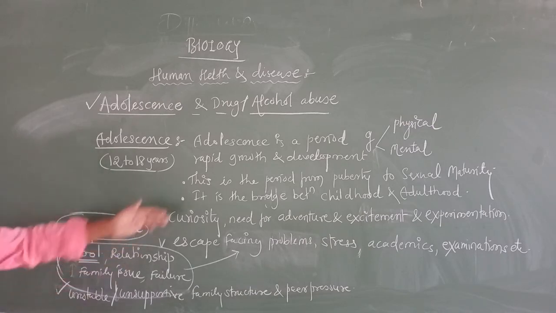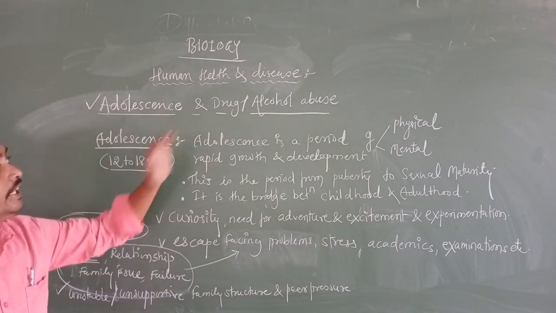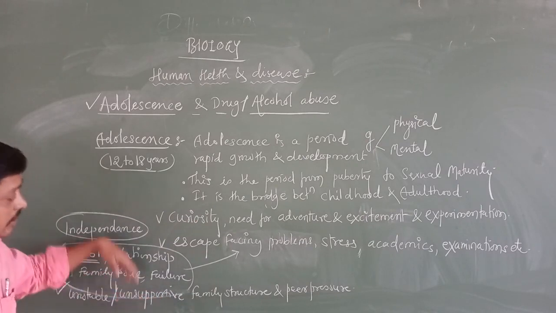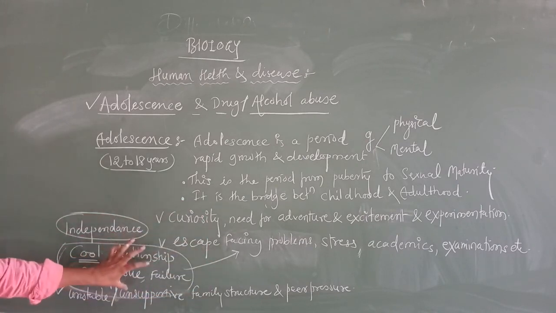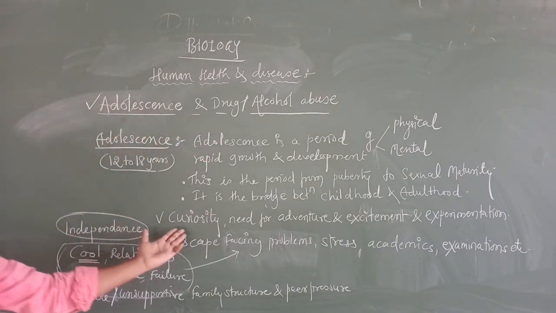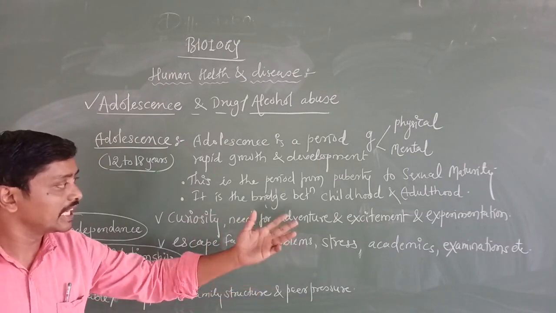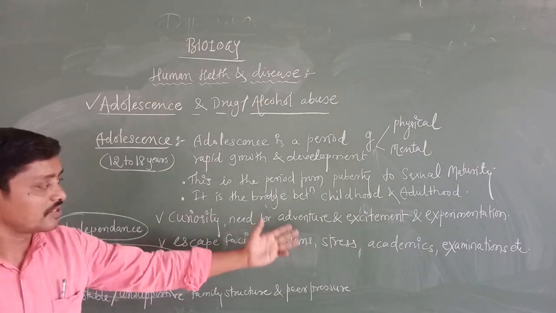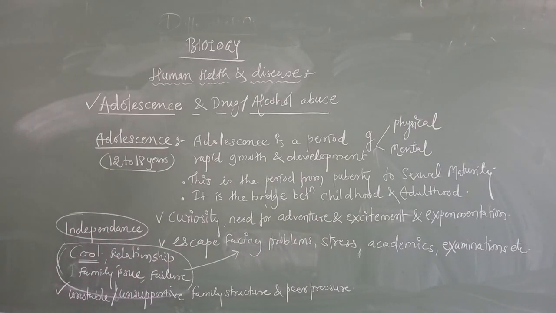Understood? Afterwards we studied the causes for drug and alcohol abuse in adolescence, and I explained all these things: curiosity, need for adventure and experimentation, excitement, escape, facing problems, stress, academics and examination, etc. Next I told you they used to feel independent, they used to feel poor, and for that they go for abusing drugs and alcohol.